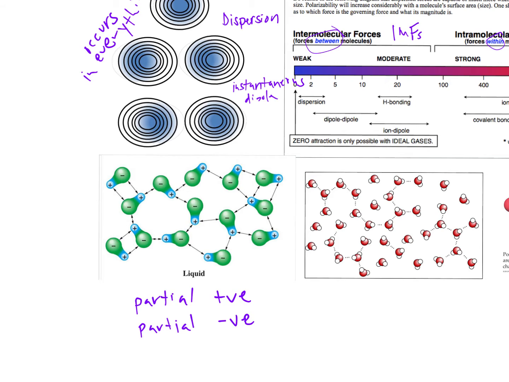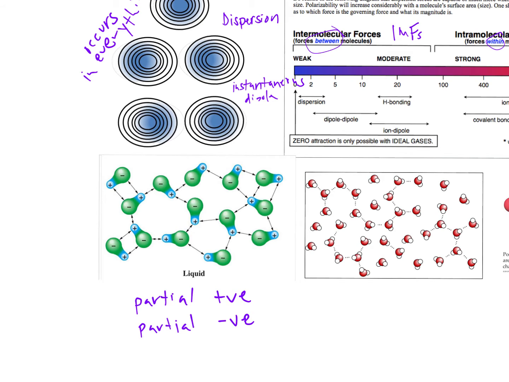Chlorine is going to have a partial negative, and so there's a dipole along that bond. And what happens then is that the partial positive charge can line up and interact with a partial negative charge. And so we end up creating sort of a structure within a liquid, loosely defined structure. And there are defined interactions that tend to happen.